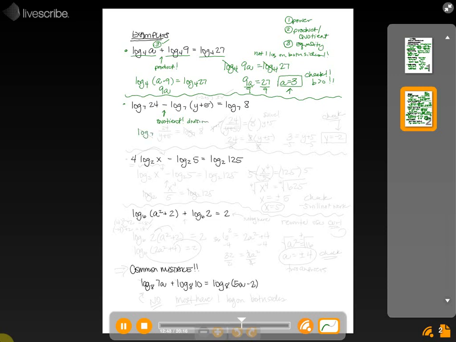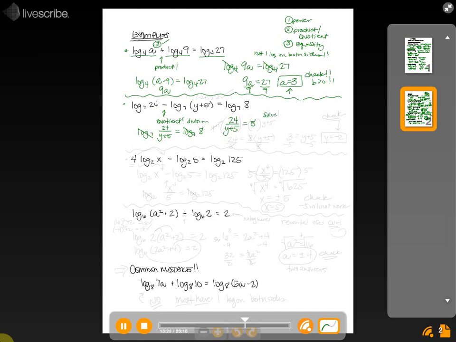Log base 7 of, first thing becomes the numerator, 24 over (y plus 5), the whole thing, because the whole thing is in parentheses, equals log base 7 of 8. We've used the quotient property because there was a minus sign. Now we've got the same log on both sides, log with the base of 7. The equality property says we can just cancel them out, and we get 24 over (y plus 5) equals 8.